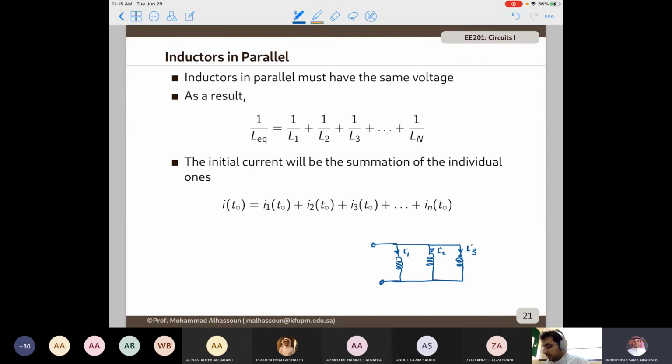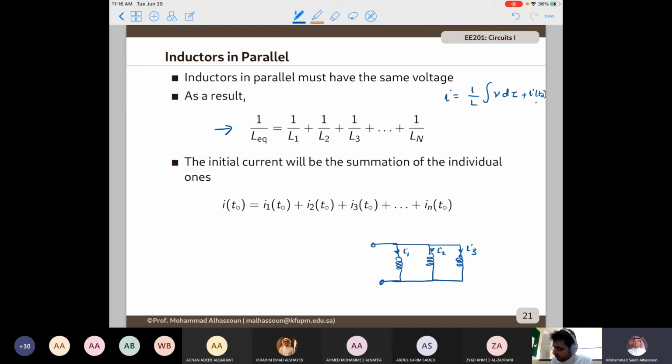If you apply KCL, you will see that the equivalent inductance is given by this formula. Since we're applying KCL, we're looking for the current. If you recall, the current across an inductor is given by the integral, so the total current will be the summation of the individual ones.